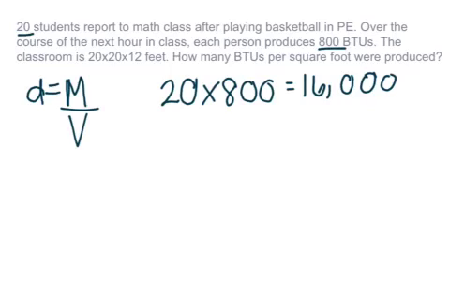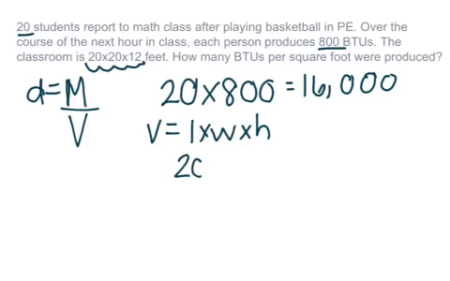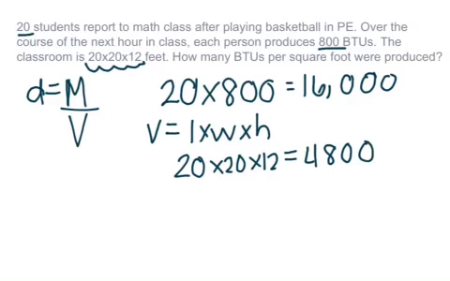Now we need to figure out the volume of this classroom. Once again, it's pretty straightforward as far as shapes. It's like a prism, so just length times width times height. So 20 by 20 by 12, 20 times 20 times 12, which is 4,800.